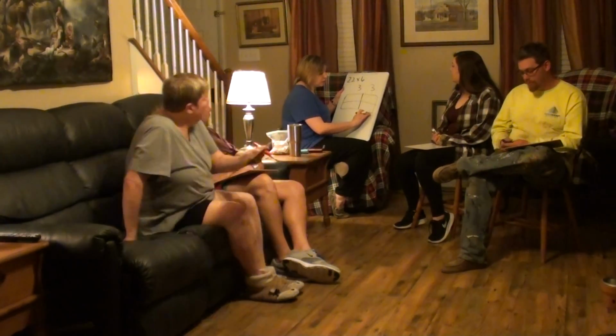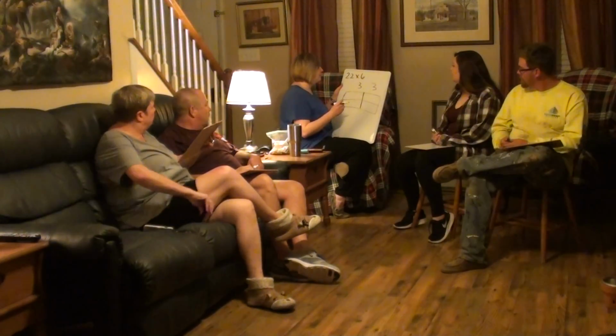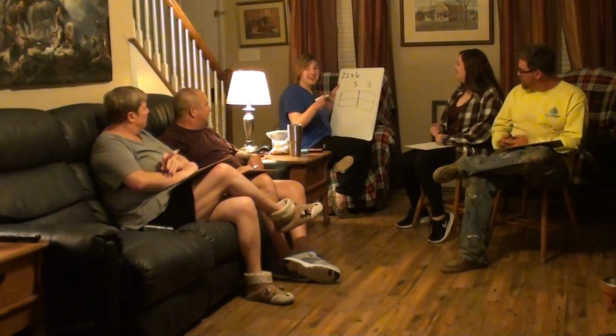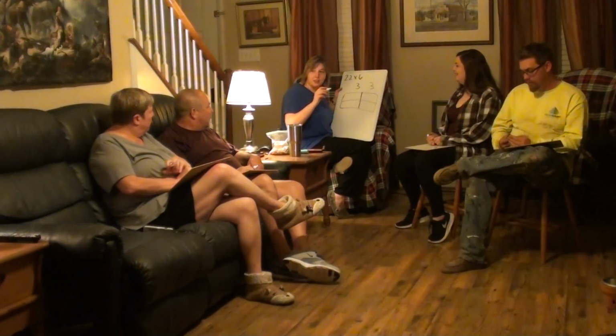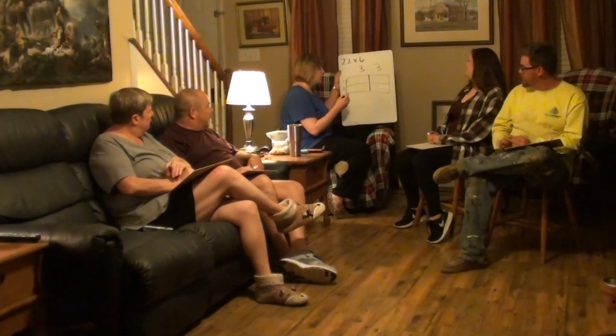The additives, the numbers you add together. Thank you. And then 22. What two numbers can you add together to get 22? 11. Okay. Yeah. So what we can do is we can make this box.